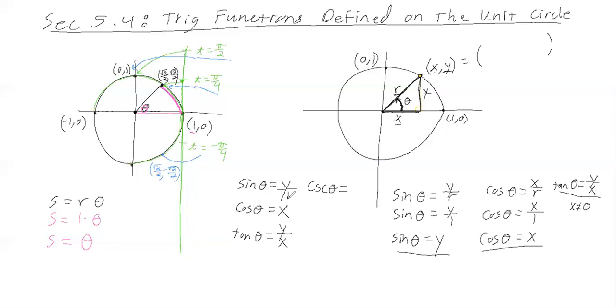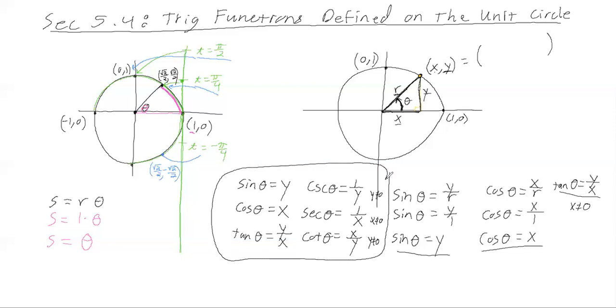So the reciprocal of y over 1 is 1 over y. So the secant is the reciprocal of cosine, so that's 1 over x. And the cotangent of theta would be x over y. Now that's of course where y is not equal to 0, x is not equal to 0, y is not equal to 0 there. Okay, so that's how we're going to define on the unit circle the sine, cosine, tangent, and so forth.